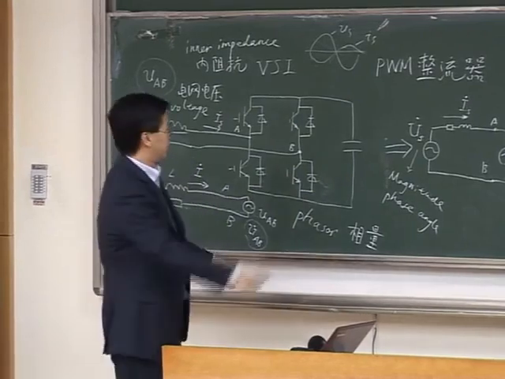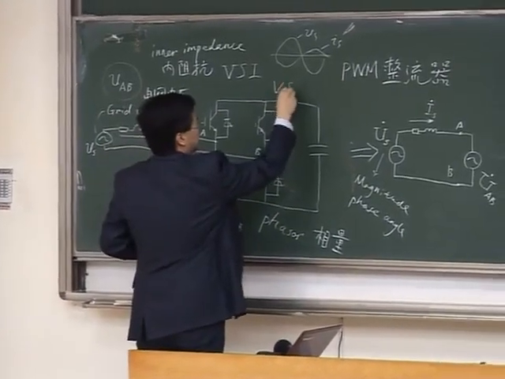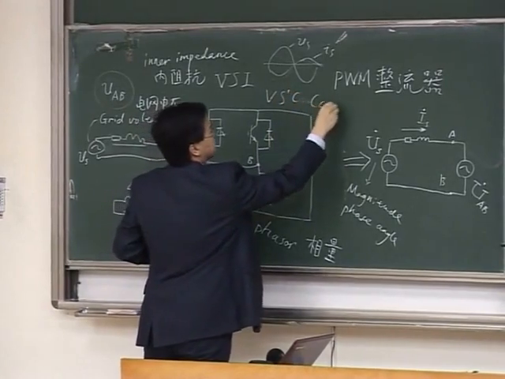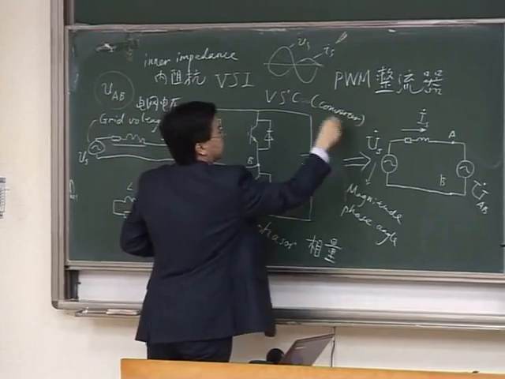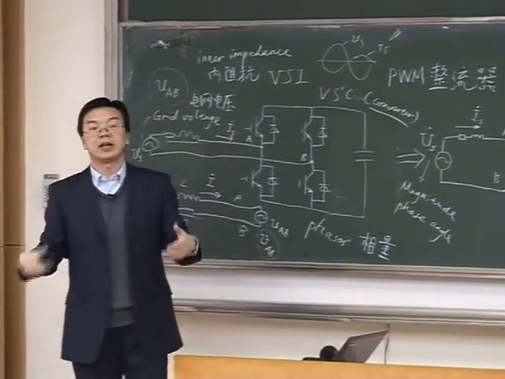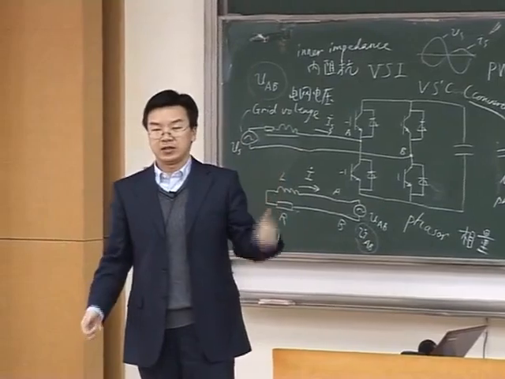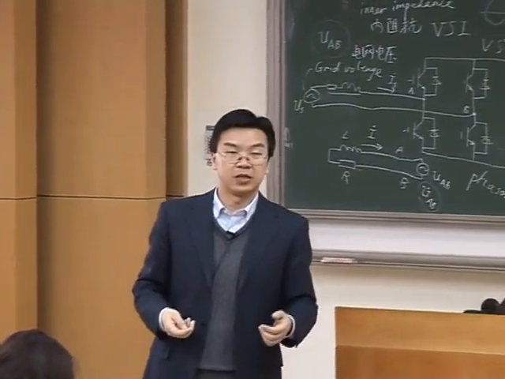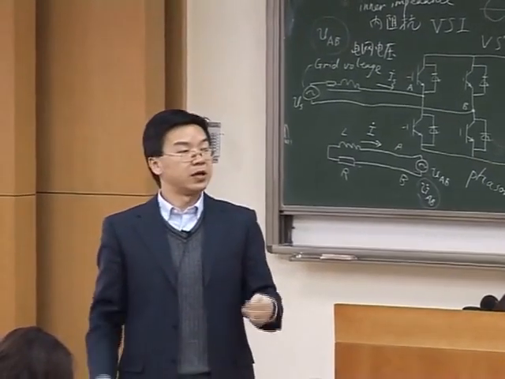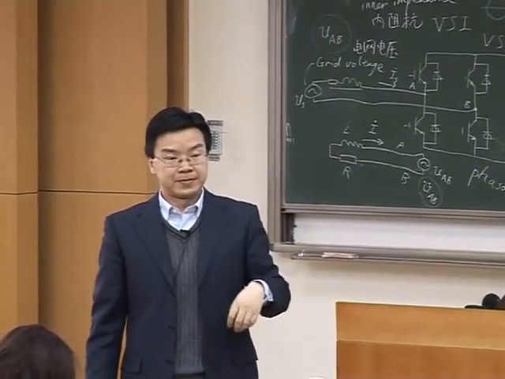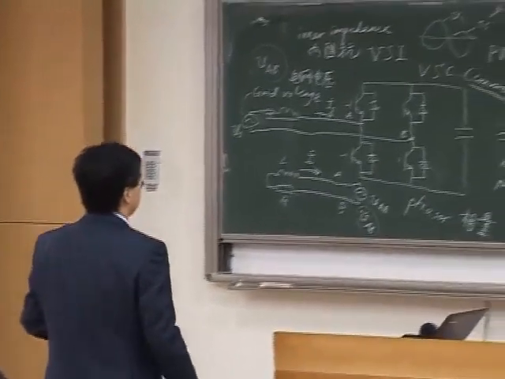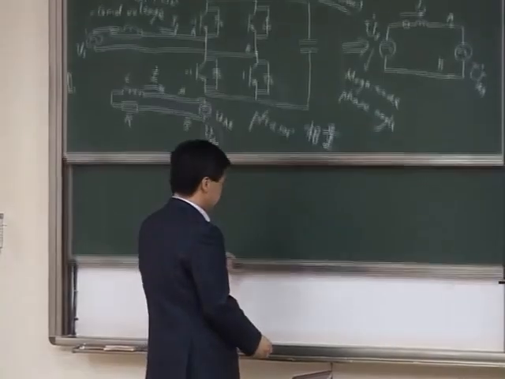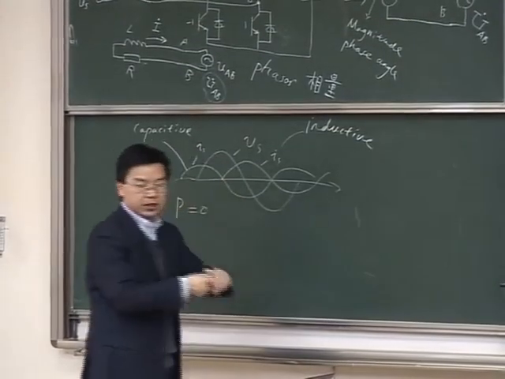So we call it voltage source converter. C means converter. Converter means we do not identify whether this is an inverter or rectifier or reactive power generator. It could be any of them. So voltage source converter, VSC.